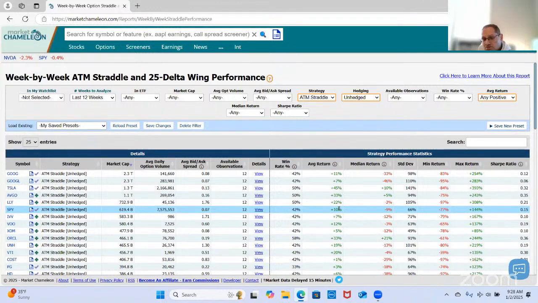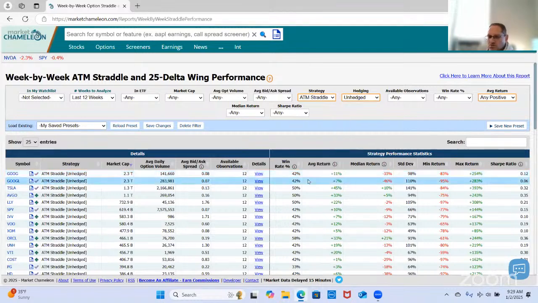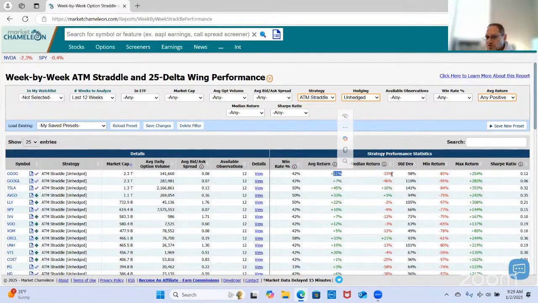Doesn't mean always, it's just that's the averages. Okay. And these are the other stats. So even here, like in Google, you could see the win rate's 42%, but the average return was positive 11%. The median return was negative 33%.